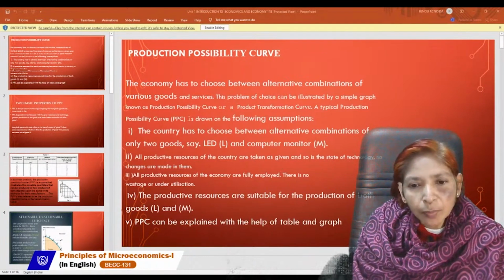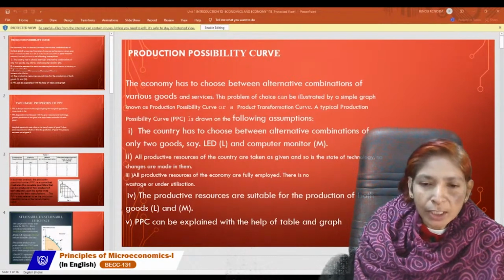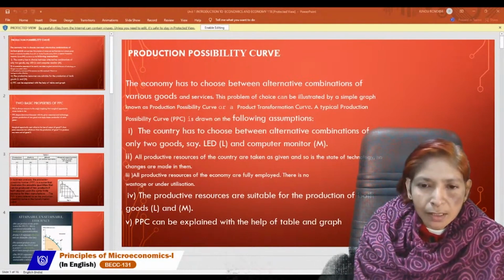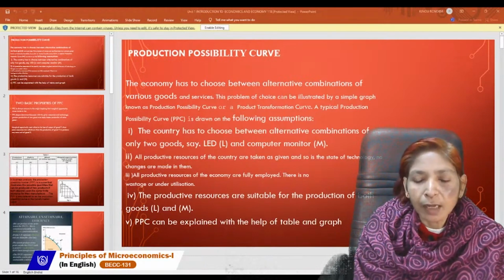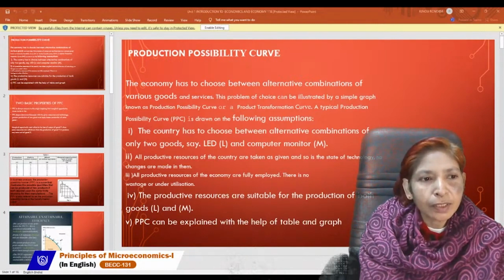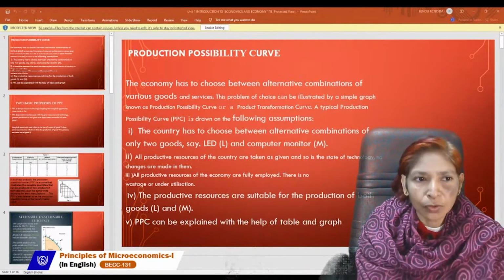It means all the points like A, B, C, D, E and F show efficiency of the resources, full utilization, full employment of the resources. But an inside point shows underutilization of resources.